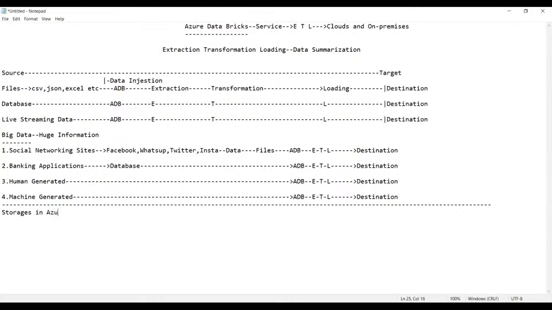The following are the storages which we require to store the data in Azure, guys. If you store the data in Azure, you can use it anywhere, guys. You can use the data anywhere.